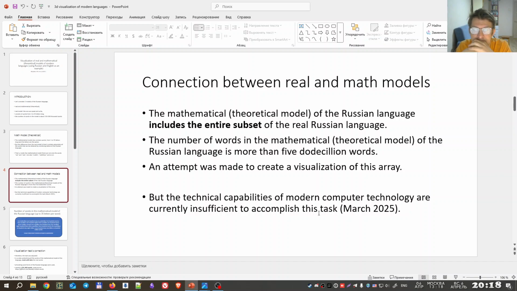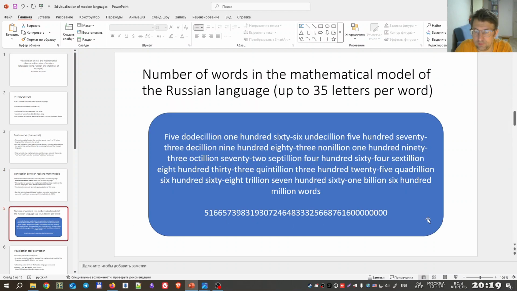So what is the amount of the words in the mathematical or theoretical model of the Russian language? It's around 5 decillion words. It's a very big amount. I will show you this number, the real number of the words in the theoretical Russian language. Now you know.